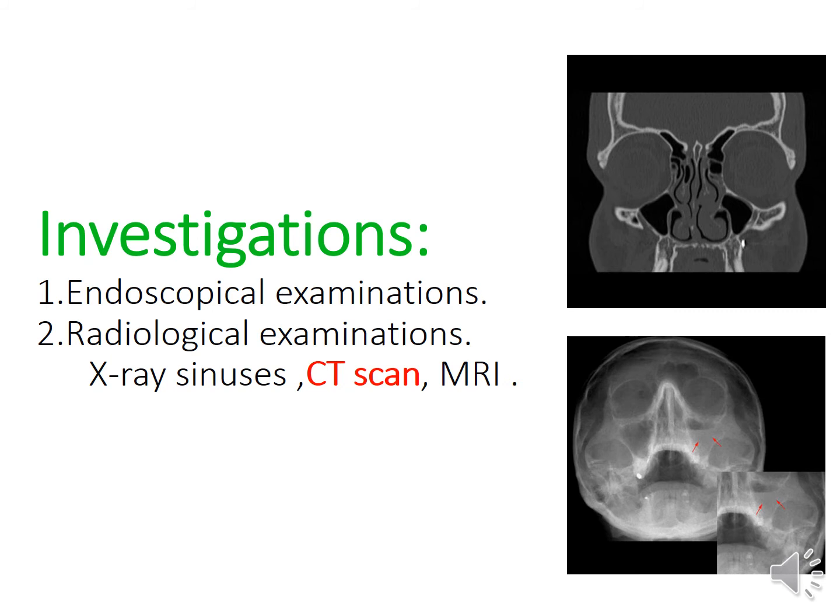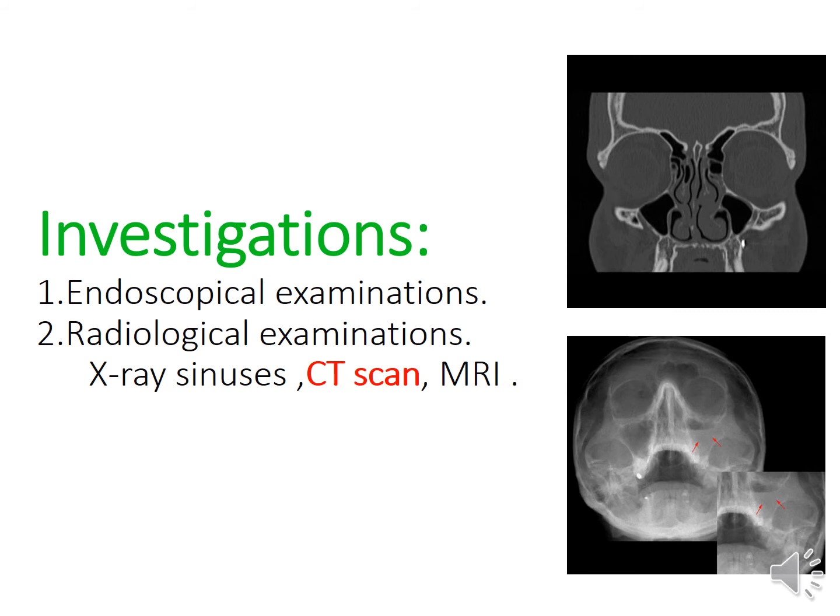Investigations which help us are either endoscopic examination or radiological examination. The most important radiological examination is the CT scan, which is more accurate in examination of the sinuses. This first picture shows a normal maxillary sinus and normal frontal sinus, but hypertrophied inferior and middle turbinates, so the patient here is complaining of nasal obstruction.